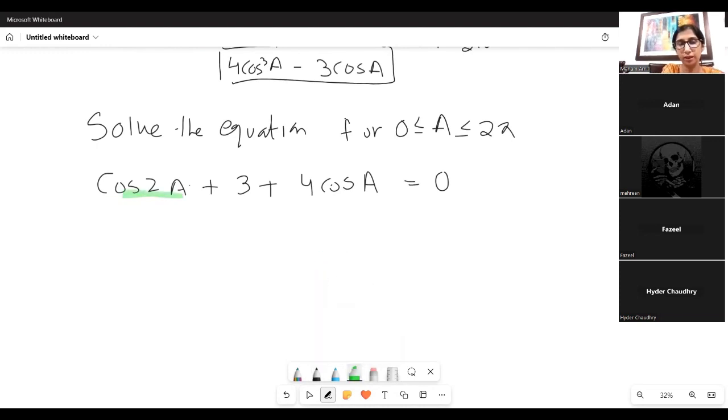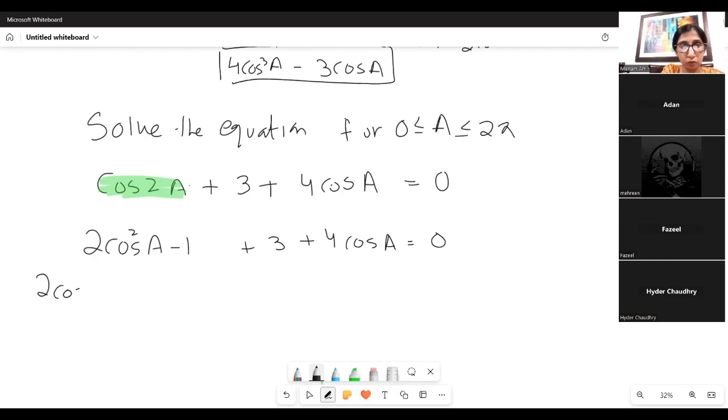Cos 2A can be written as 2 cos square A minus 1. Then plus 3. Then plus 4 cos A equals 0. So we have 2 cos square A plus 4 cos A plus 2 equals 0.